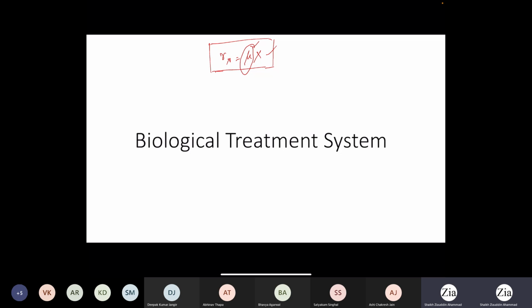In biological wastewater system, we use mixed consortia. So instead of having only one bacteria, you will have multiple bacteria. Few bioprocesses are there where you need to use a specific bacteria. That bacteria could be a wild strain or could be a recombinant strain, like genetically modified strain. Whereas in wastewater treatment system, we are not allowed to use any genetically modified strain.